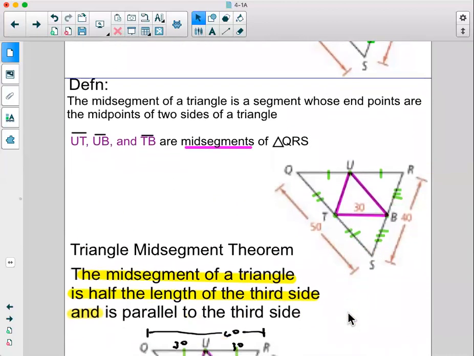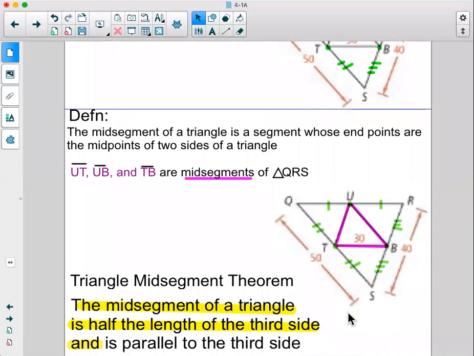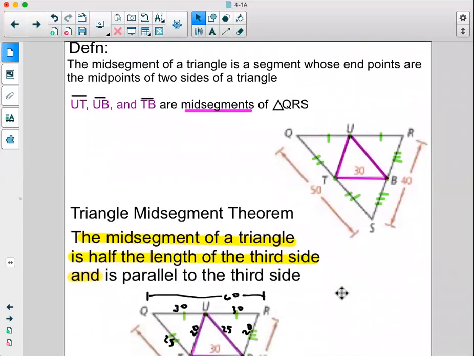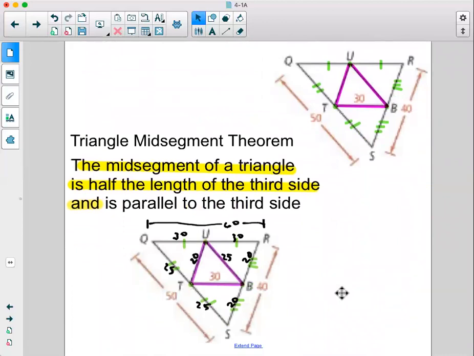Then we use the triangle midsegment theorem, specifically the part that states that the midsegment of a triangle is half the length of the third side. So if TB is a midsegment, parallel to QR and also half as long as QR, if TB is 30, we now know QR must be 60.